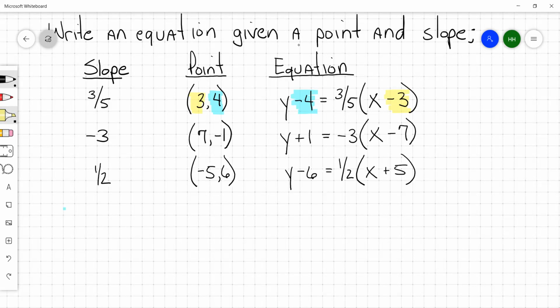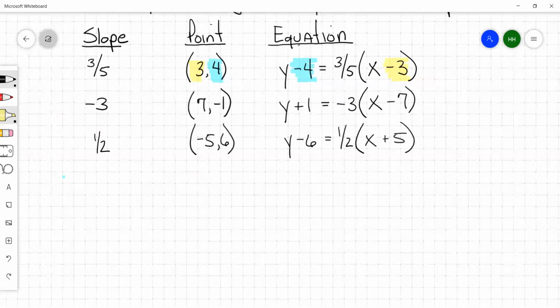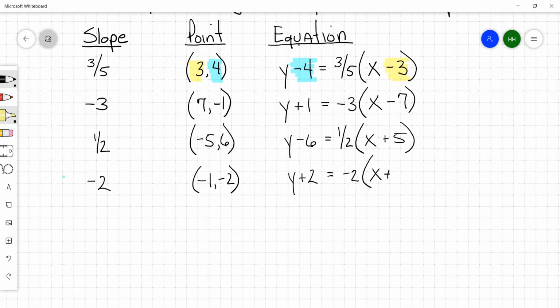All right, let's write one more with, let's go a negative slope of -2. And let's do the point with 2 negative coordinates. So (-1, -2). So now your equation is y plus 2 equals -2 times x plus 1.